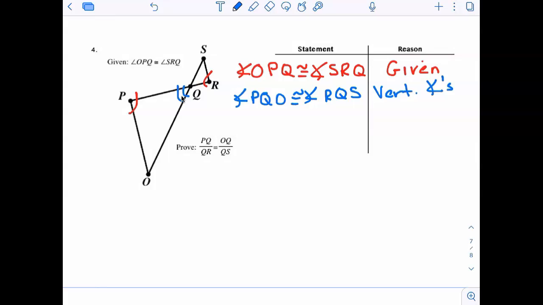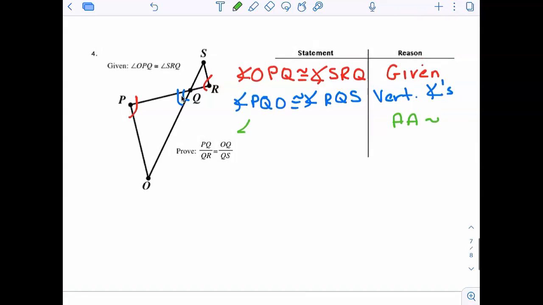So therefore, we can state that our triangles are similar by angle-angle similarity. So triangle PQO is similar to triangle RQS. Now that we've stated that those are similar triangles, we're trying to prove that PQ is to QR as OQ is to QS.